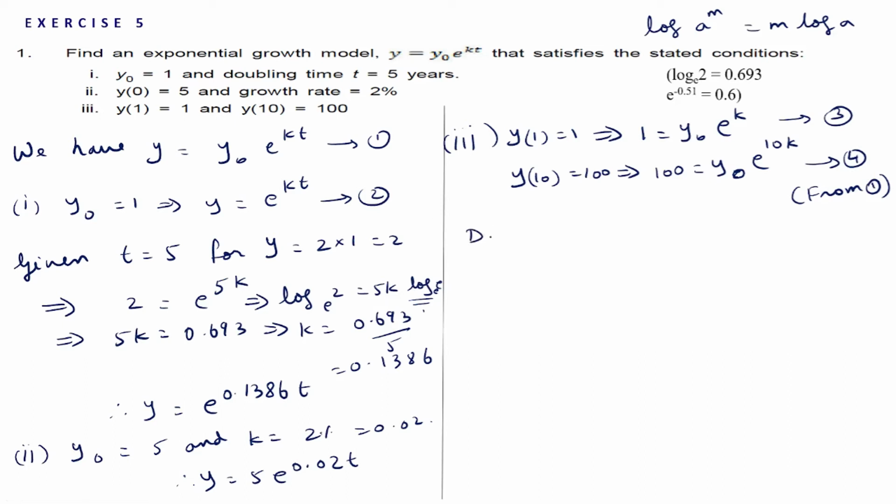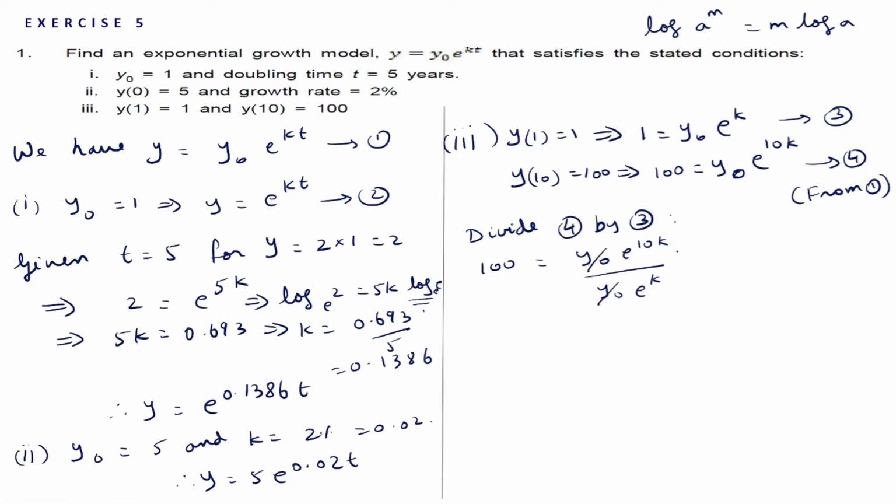Now let us divide 4 by 3. So 100 equal to y naught e raised to 10k upon y naught e raised to k. Here y naught and y naught will cancel.